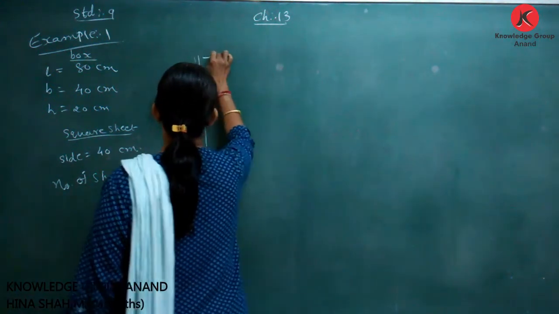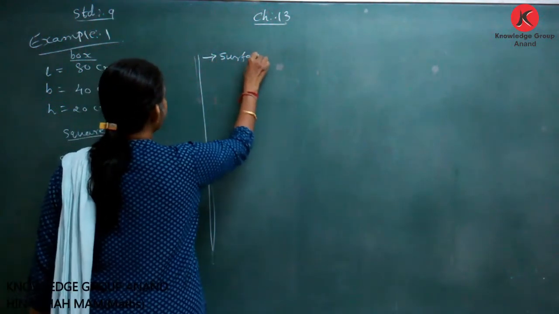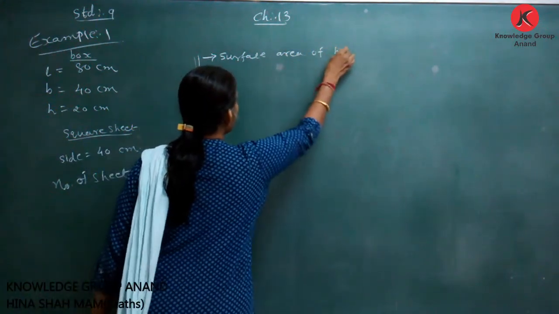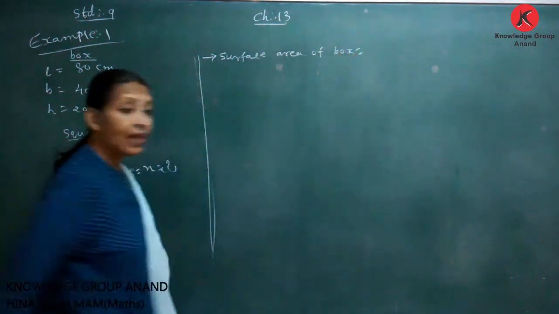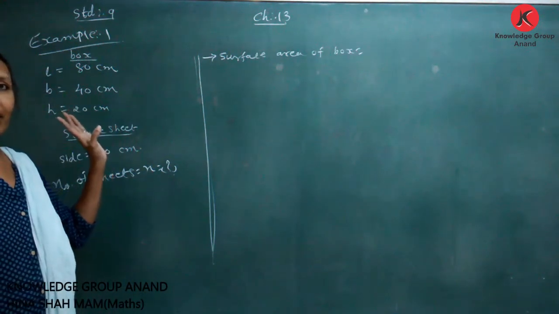Now, surface area of box. It has length, breadth, height, so it is a cuboid.